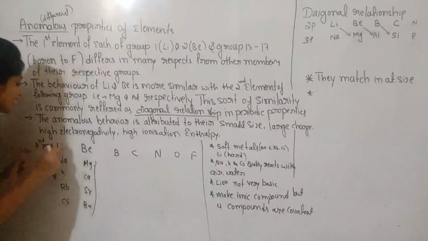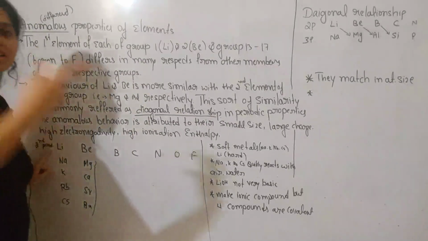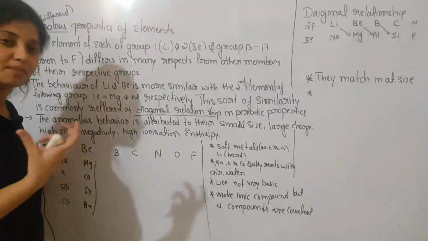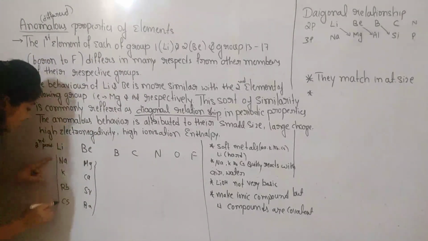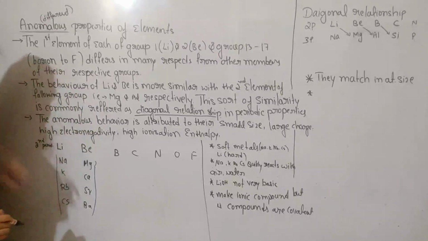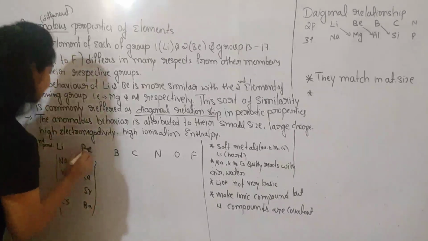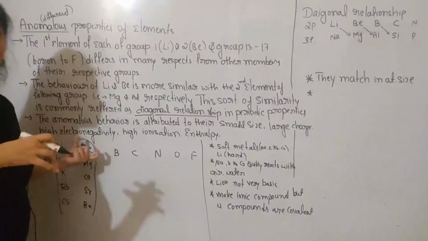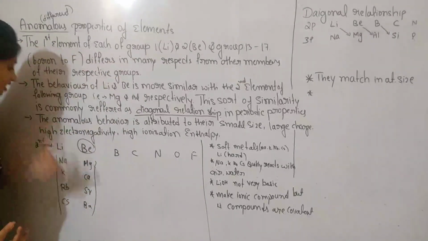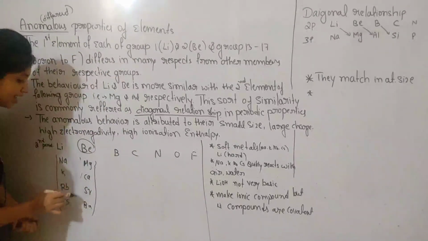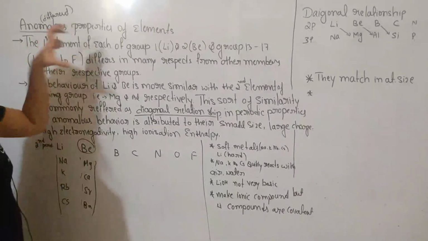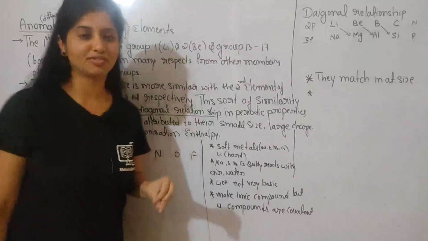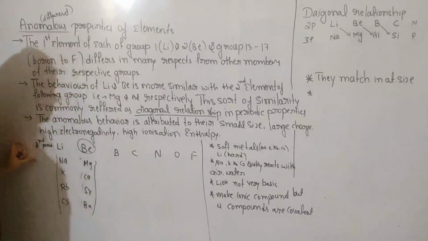Lithium shows different properties than sodium, potassium, rubidium and cesium. And next, beryllium shows different properties than magnesium, calcium, strontium and barium. So this is called the anomalous properties of the second period elements.